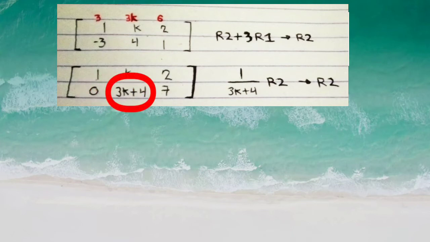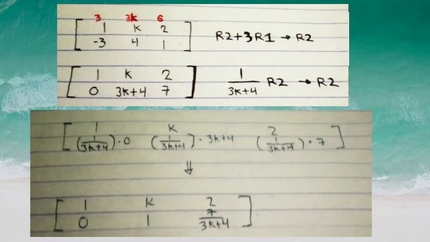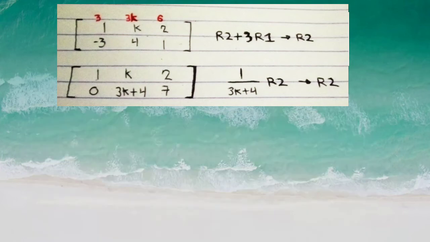After this, make 3K plus 4 into 1 as a part of the main diagonal. By multiplying 1 over 3K plus 4 into the second row, we can make it. So 1, K, 2 is row 1, and 0, 1, and 7 over 3K plus 4 is our new second row. 3K plus 4 is not equal to 0 since it's the denominator.